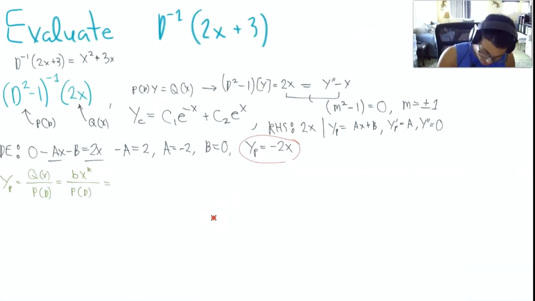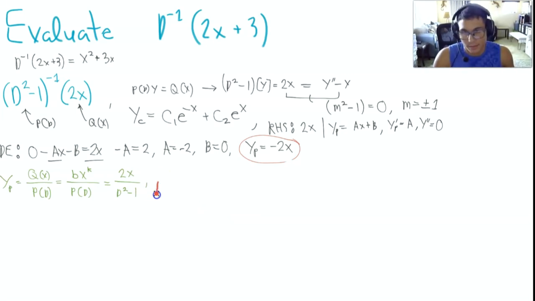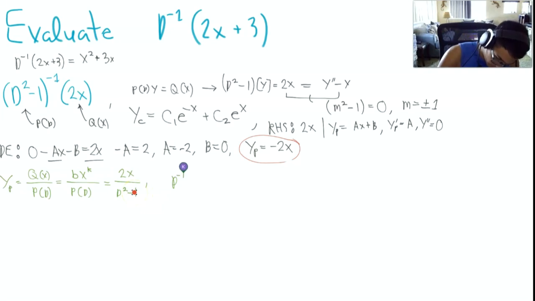So I'm just going to write 2x and then do d squared minus 1. Now we're going to pause for a second, and we're just going to do p inverse of d, and that is d squared minus 1.